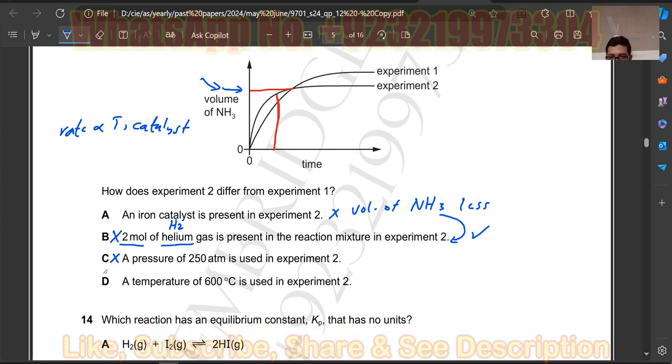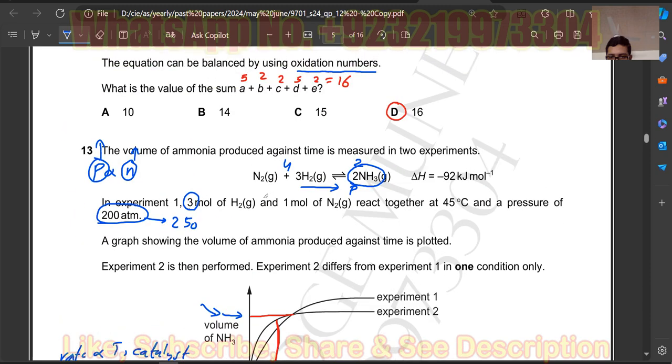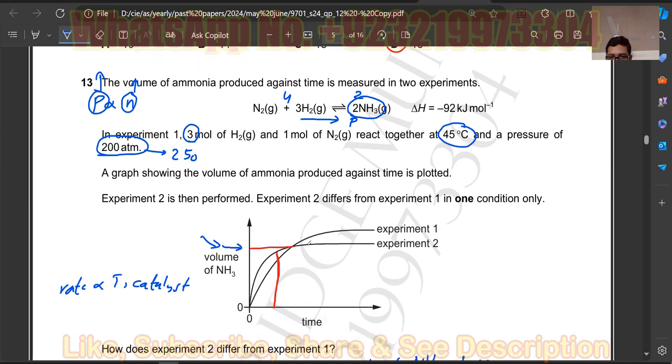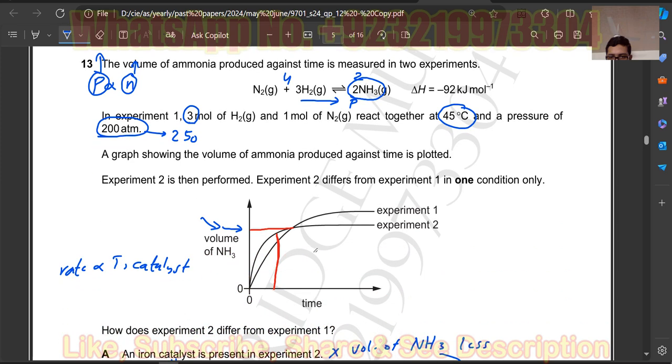Now the D option says that a temperature of 600 degrees centigrade is applied as compared to 45 degrees. So it is such a high value. We know that when temperature is increased, the rate of the reaction increases. That's right, but we also need to check whether it will show less amount of ammonia.